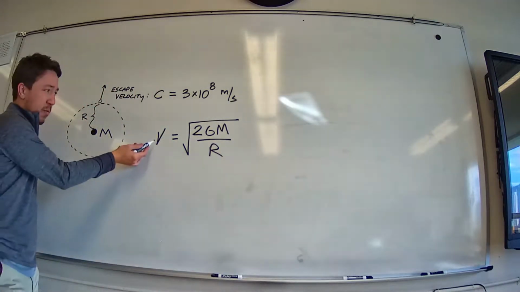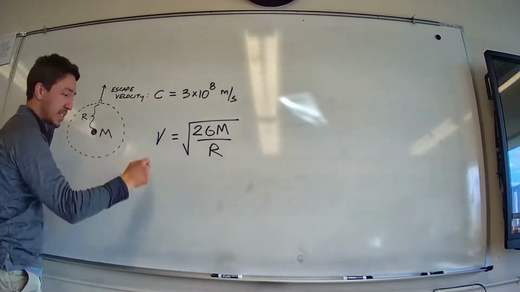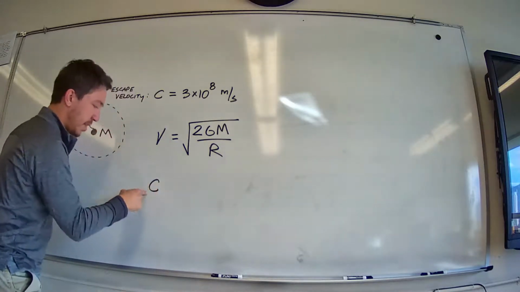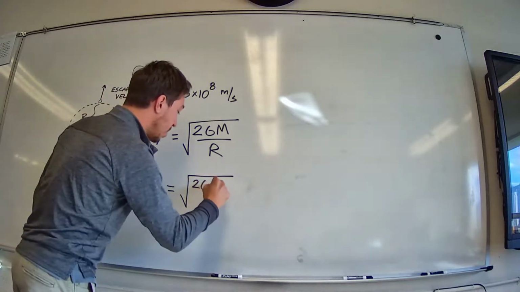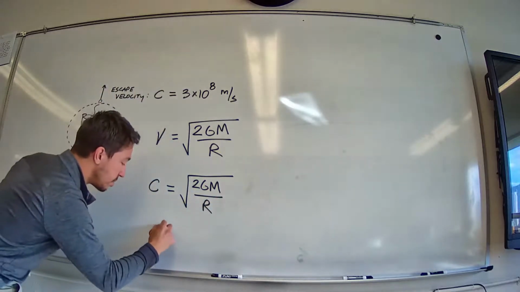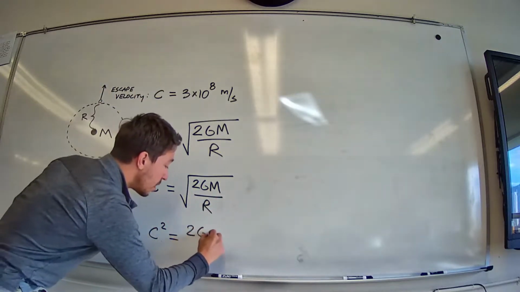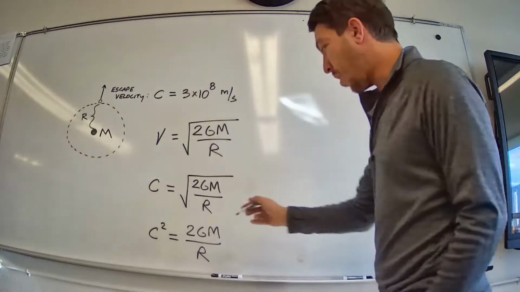What if we wanted V to be the speed of light, c? I'm just going to use the letter c. Okay, well, what's the math say? Square both sides, and then solve for r.